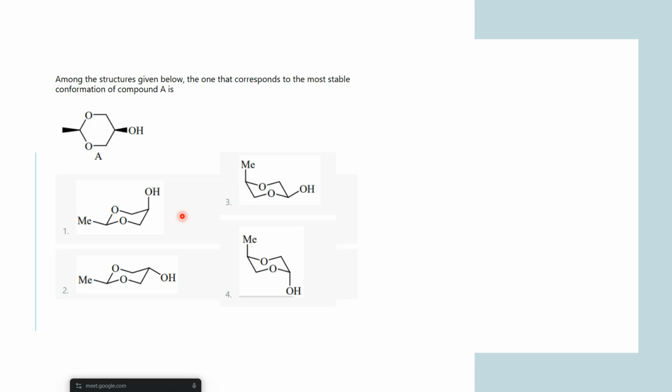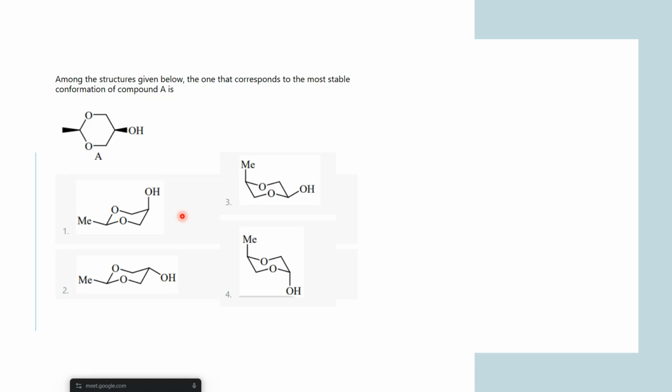So the methyl group, which is an alkyl group, will undoubtedly occupy an equatorial position to minimize steric congestion or 1,3-diaxial interaction.